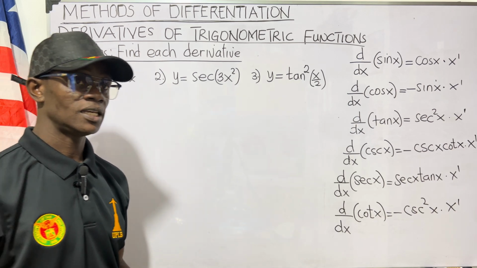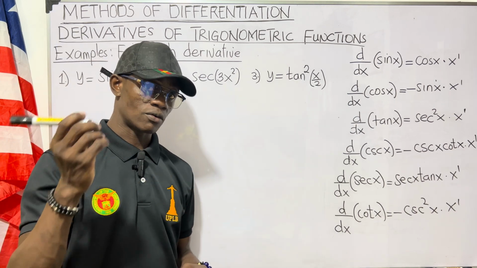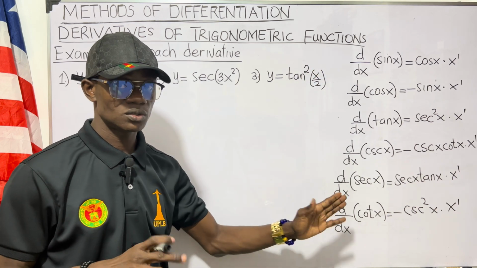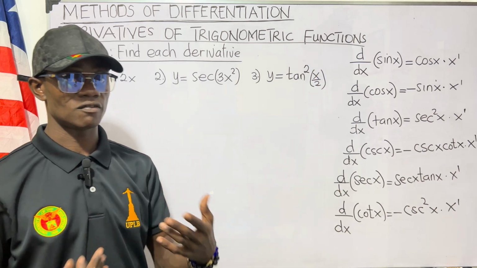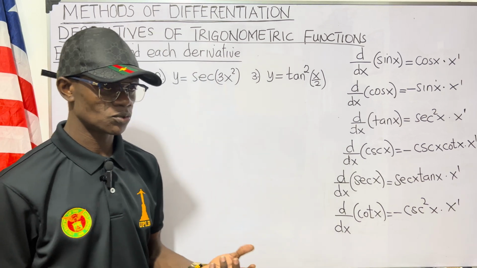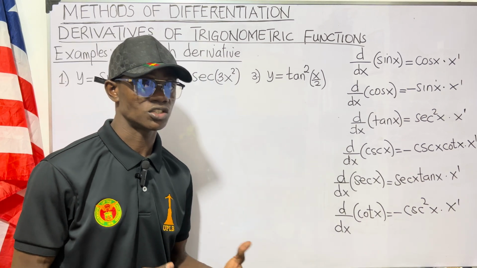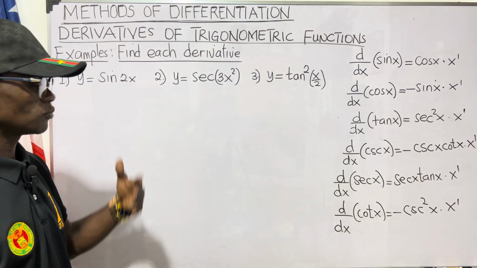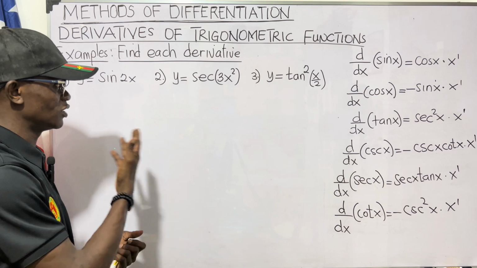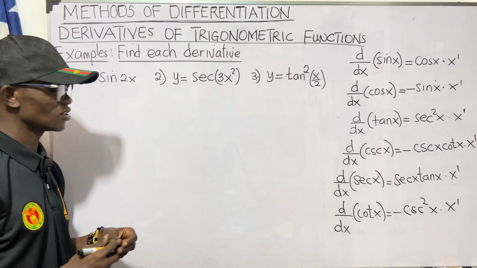Remember that in our previous lesson, we did the derivatives of these functions using the first principle of derivatives. If you wish to know how to find these derivatives using the first principle, you can visit those videos and watch them. So I want to solve some problems, starting with some baby problems, just some little problems.